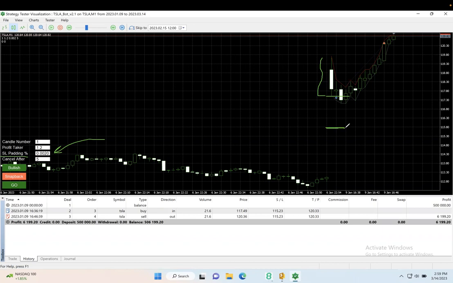So instead of the stop being at the $1.50, it'll put the actual stop just a little bit lower. And that's how the padding works. And then the candle number, you leave that at 1, and the cancel after setting at the bottom just refers to if I'm not filled in X number of candles, in this case 5 candles, then go ahead and cancel the order.